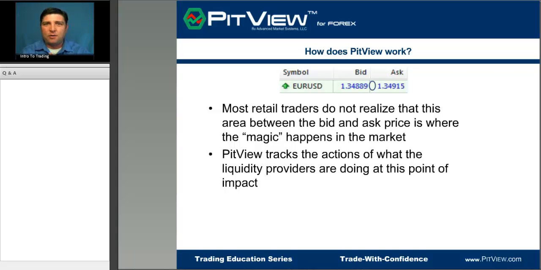That's the point of sale, if you will, in any market. And what PitView does, unlike a chart or a technical indicator, is it monitors that activity. And it tells you the activity that's occurring between that bid and ask price, between that magical little area between the bid and ask price, the spread, if you will.